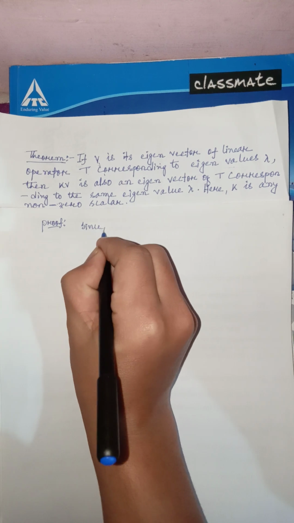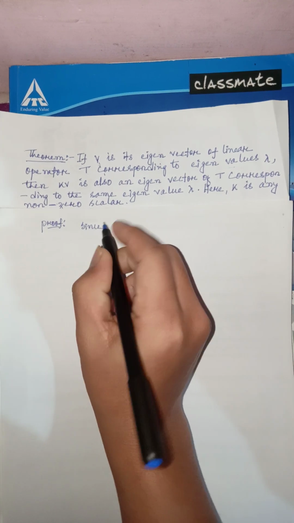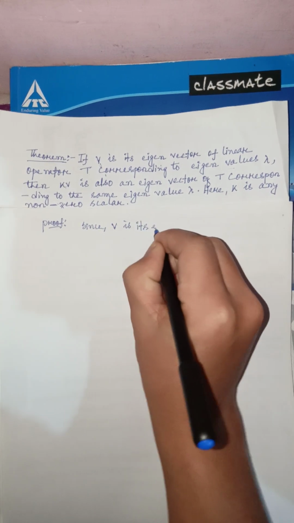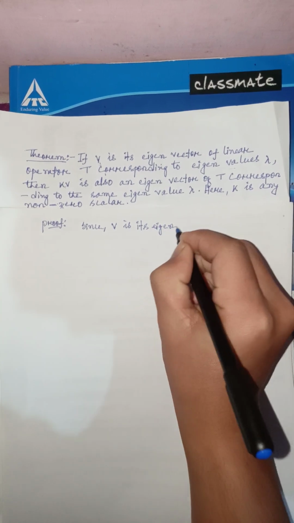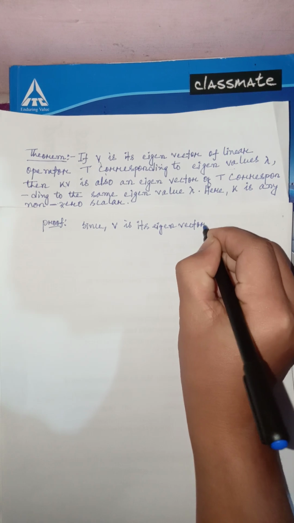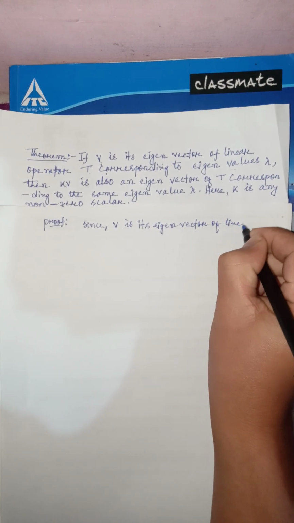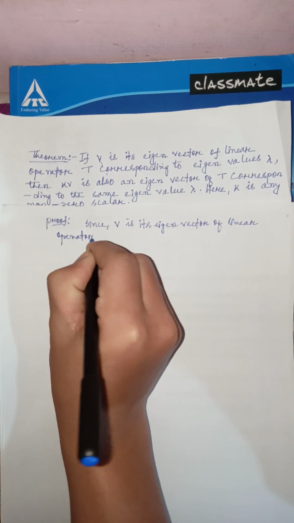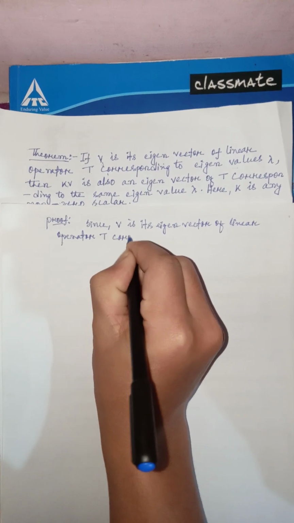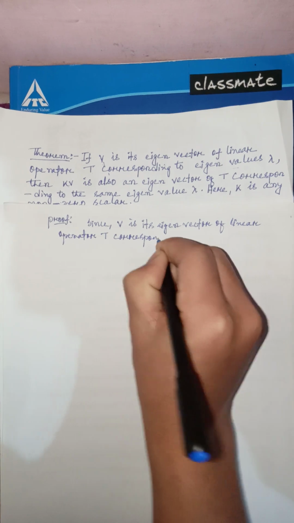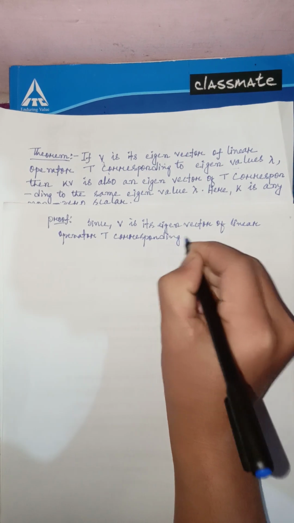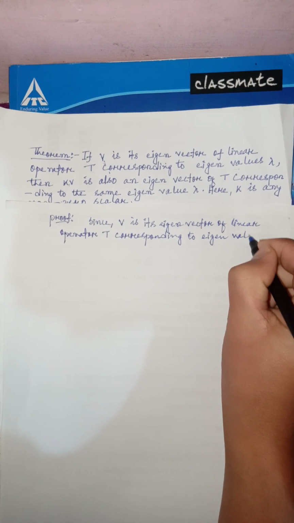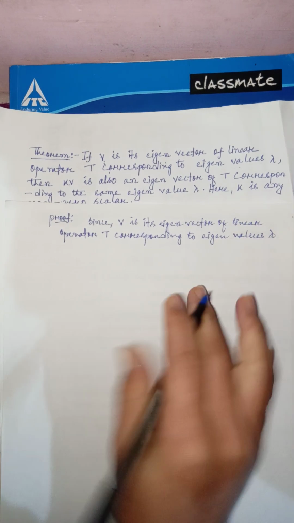Let us write this first, and then by using this step we have to prove the result. v is an eigenvector of linear operator T, corresponding to its eigenvalue lambda, right?